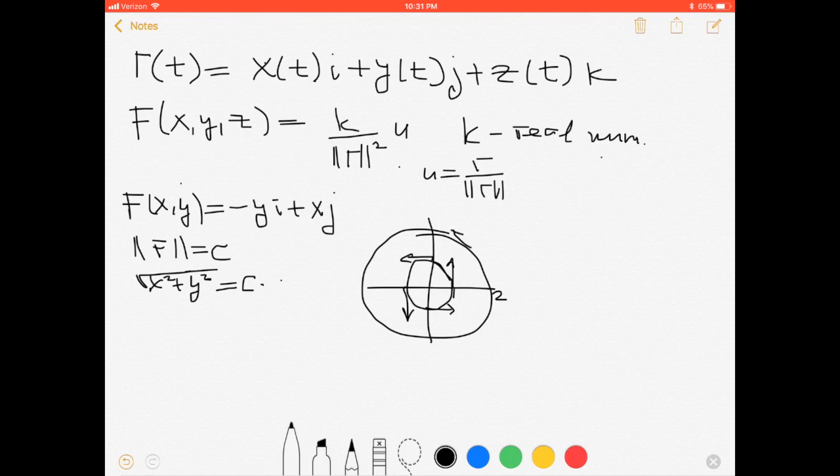And here, for example, you have some vector here. The vector needs to touch the circle, tangent here and there.